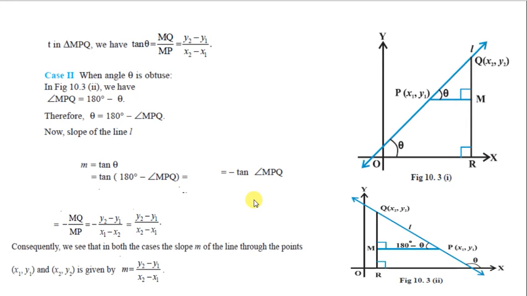So you get minus tan angle MPQ is equal to minus of MQ divided by MP, that is y2 minus y1 upon x2 minus x1. So in both the cases we found that the slope is the same, that is y2 minus y1 upon x2 minus x1, whether the line is making an acute angle with the x-axis or an obtuse angle with the x-axis.